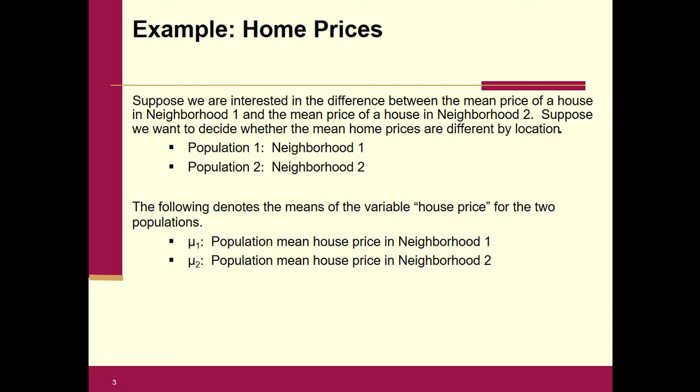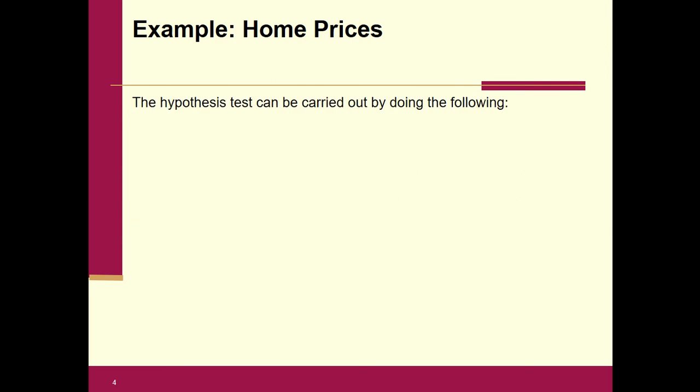We talked about how we could have two populations in the introductory part of chapter 10, and here we're introducing some extended notation. The good thing is that mu still means the same thing. It's still the population mean, just for the first population. And mu2 is for the second population.